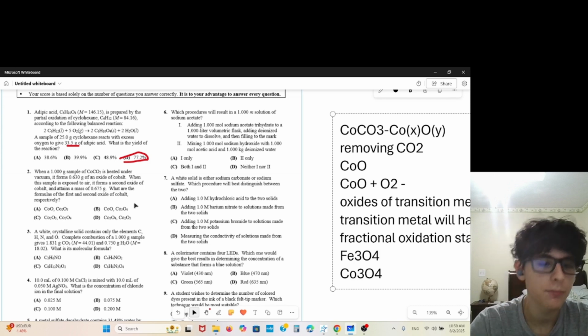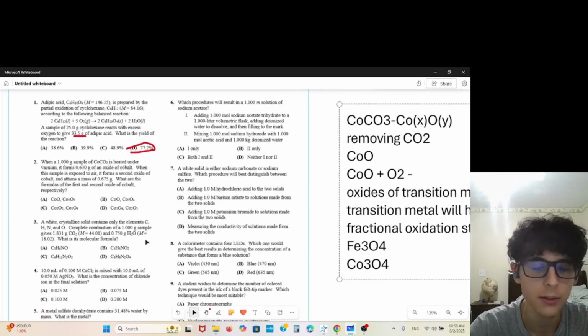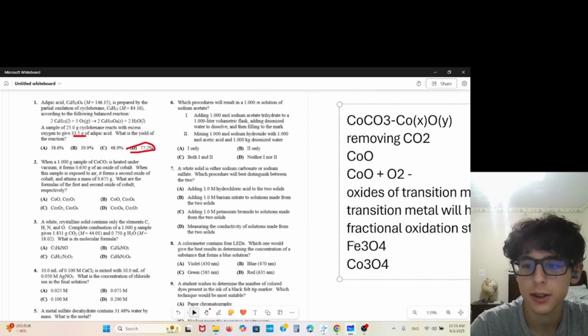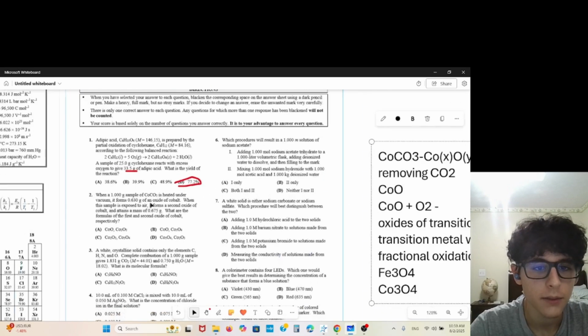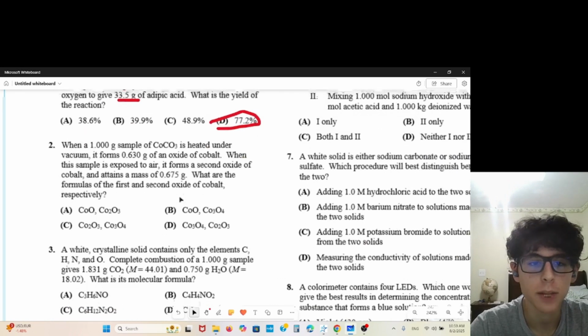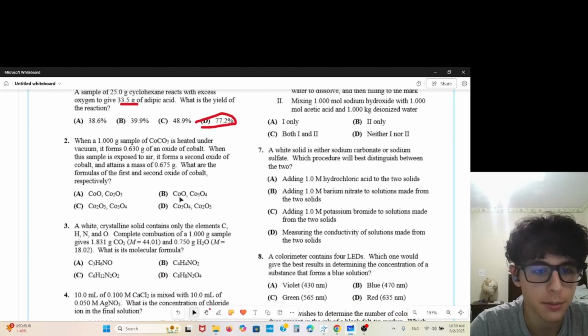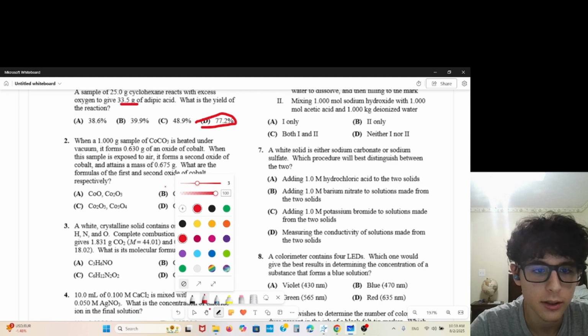Now, the math to calculate the second oxide, I couldn't really figure it out. You have to use this kind of knowledge. But for the first part, you could just find the moles and figure out the molar mass. Use the inverse relationship. So this is going to be B.